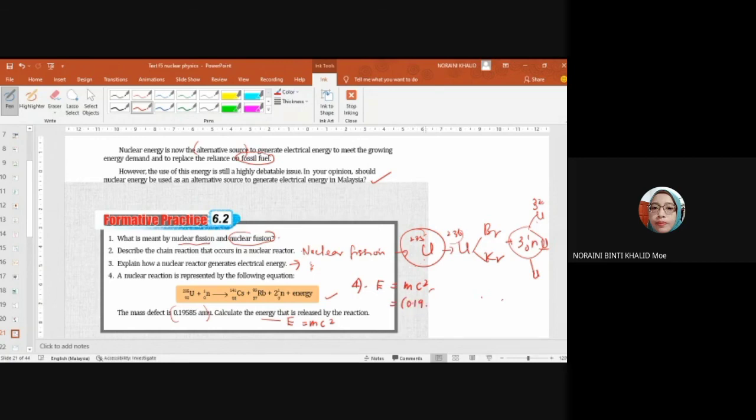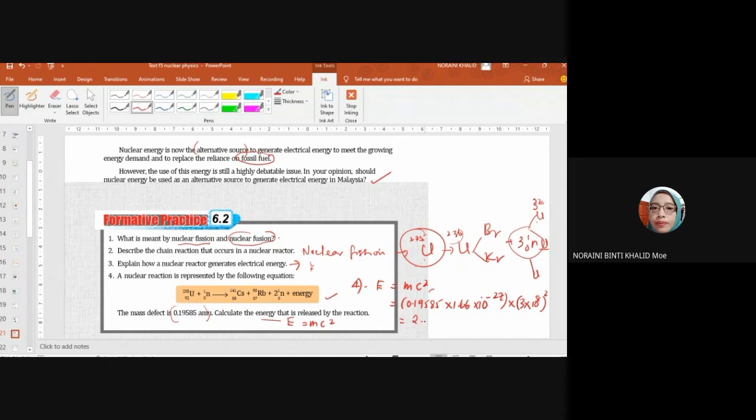Mass 0.19585 amu, convert to kilograms, times 10 to the power of negative 27, times the speed of light squared. The answer is 2.93 times 10 to the power of negative 11 joules. This is the answer in joules.